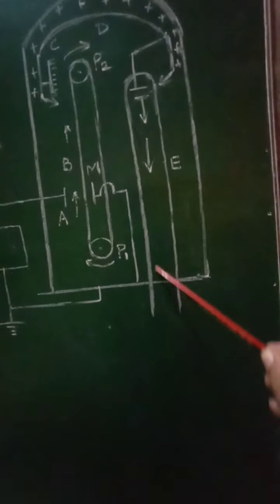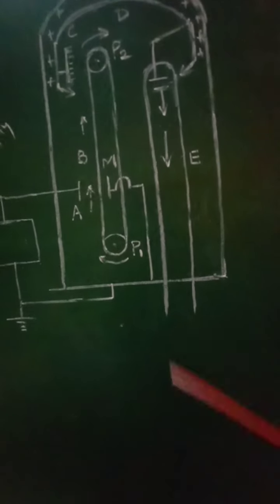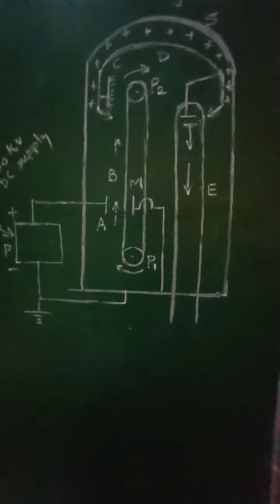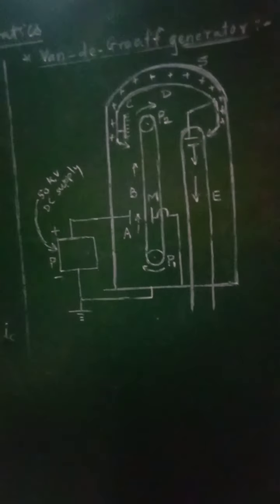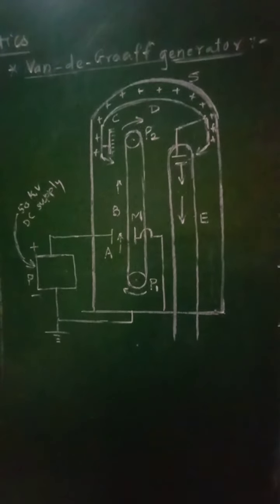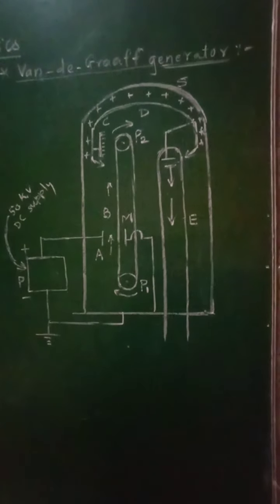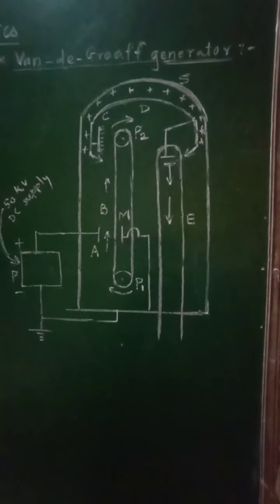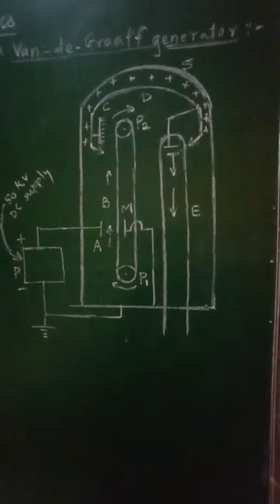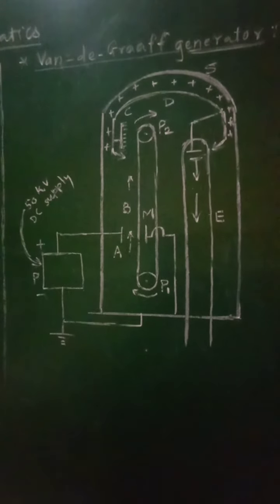So there will be a target kept in front of this accelerating tube on which these positive charges with very high energy will strike. So this is the working of this Van de Graaff generator. With the help of the generator, the positively charged particles will be accelerated as well as very high potential will be produced.